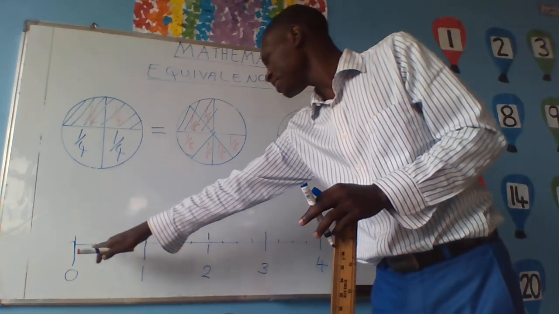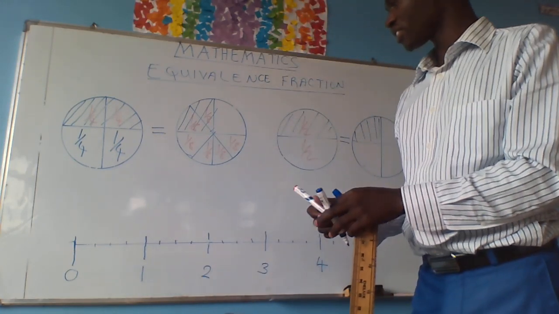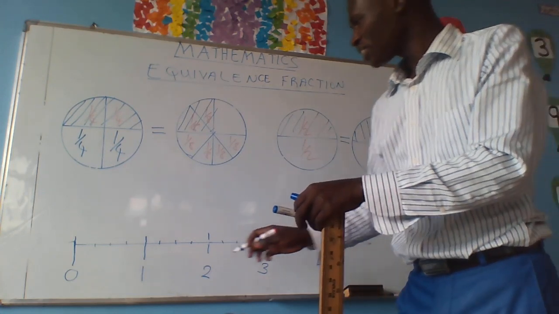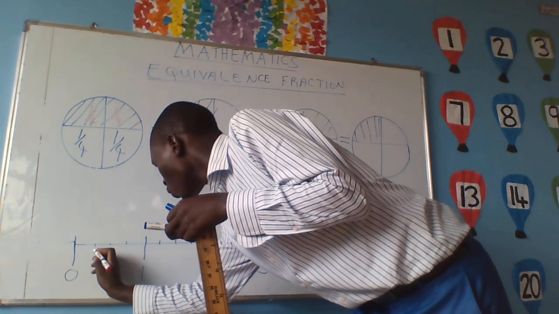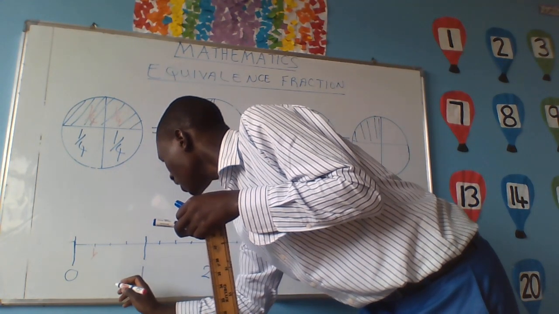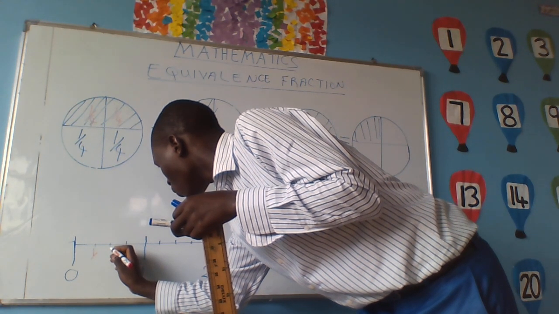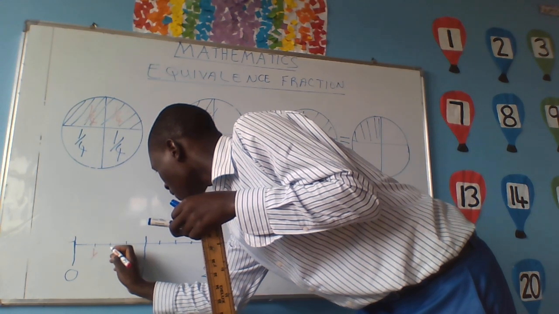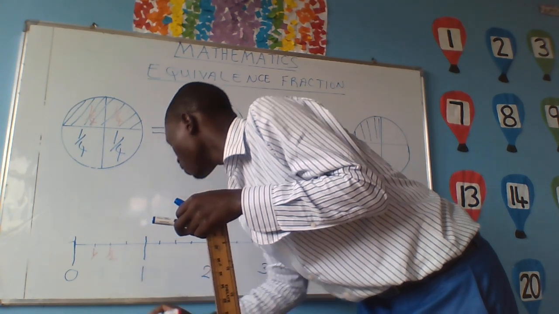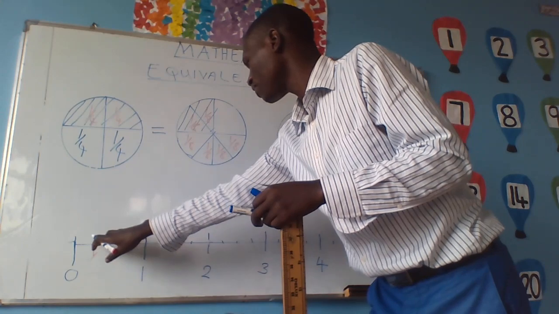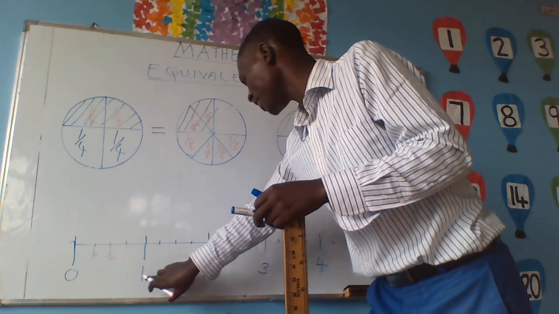Now we have divided them into some parts. That means here is equal to 1 over 2. This is a half of this 1.